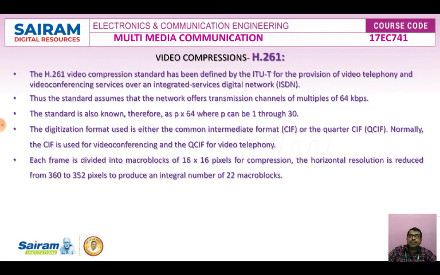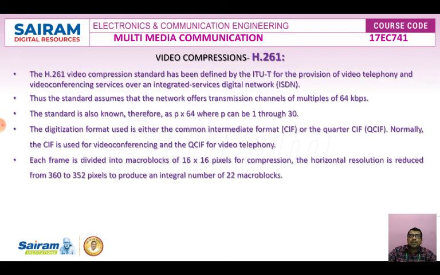The digitization format used is either the common intermediate format, CIF, or quarter CIF, QCIF. Normally CIF is used for video conferencing and QCIF is used for video telephone calls. Each frame is divided into macro blocks, and the horizontal resolution is reduced from 360 to 352 pixels in order to produce an integral number of 22 macro blocks.